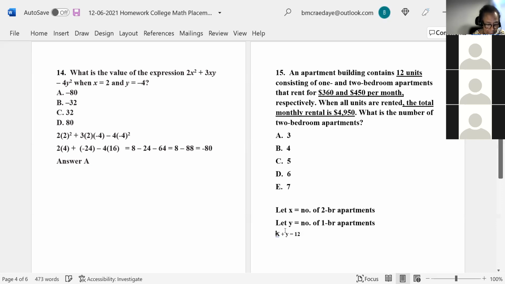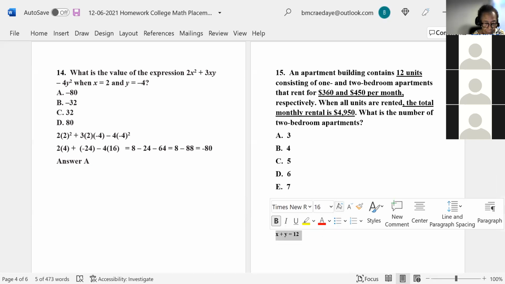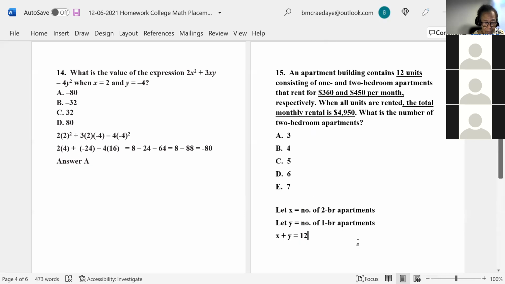Did you write that? No, I put two bedrooms plus one bedroom equals 12, so I do it the other way around. I put 450X plus 360 equals 12. I write the numbers instead of the letters.